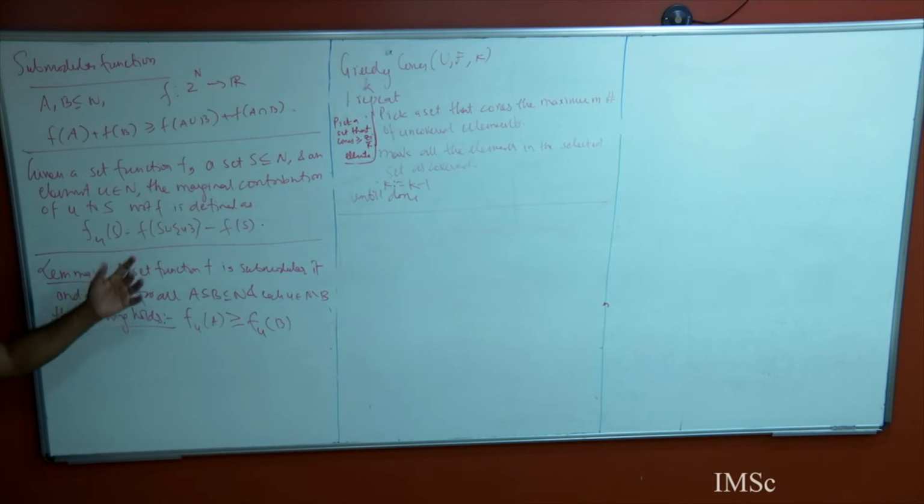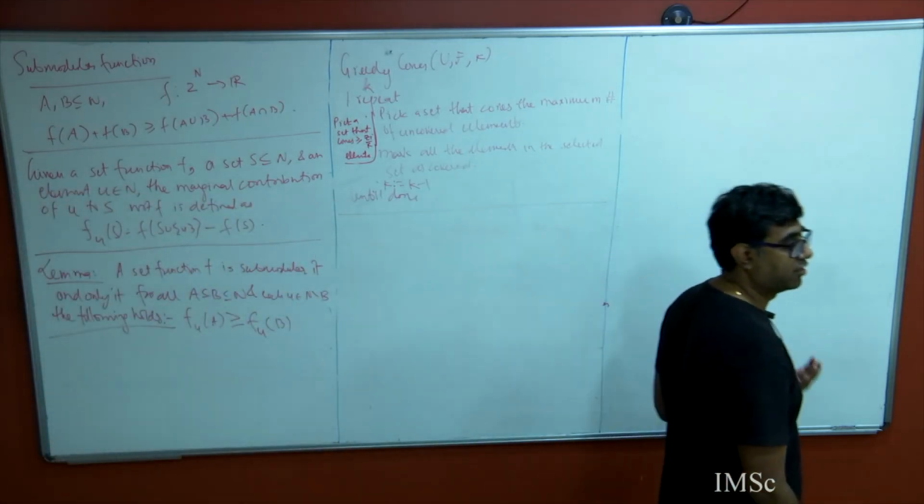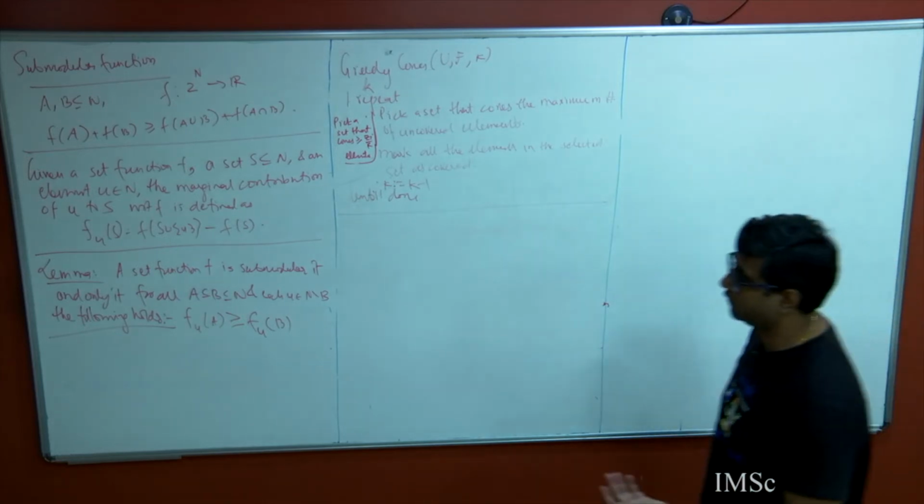When you have a larger set and you try to add an element to it, its marginal will decrease. So this is the definition of submodularity. Of course, we need to prove this. It's not an obvious statement.